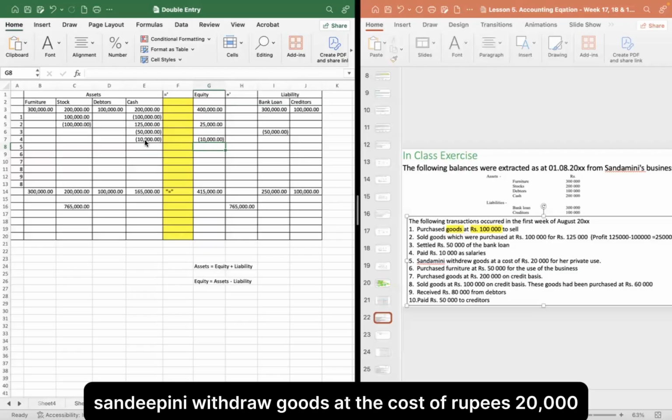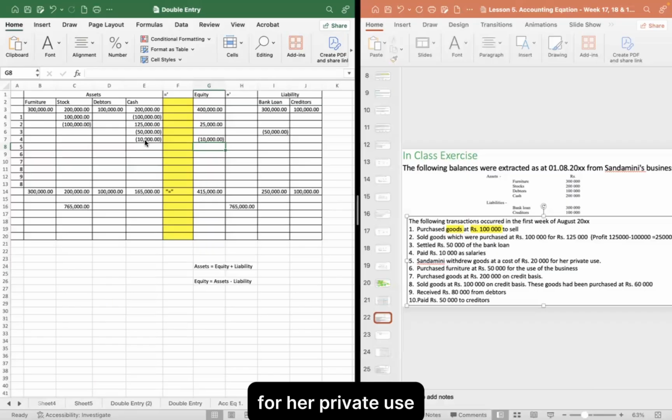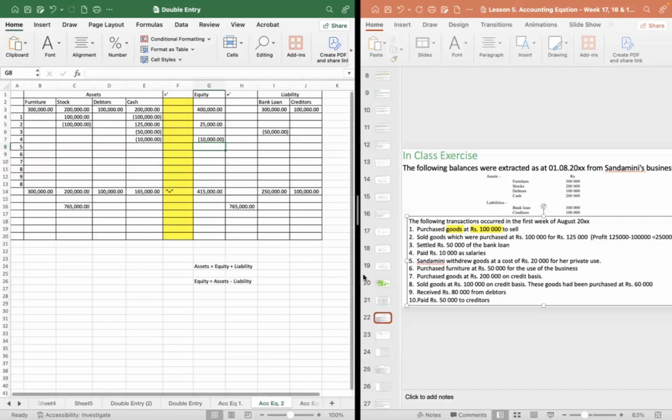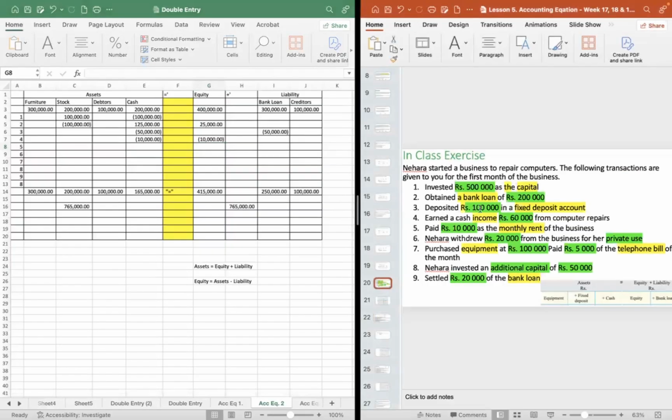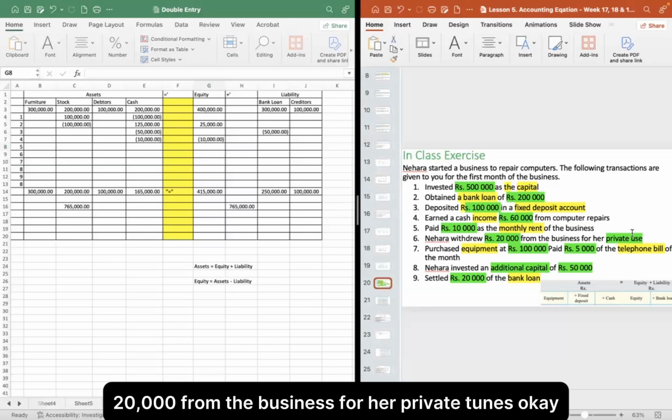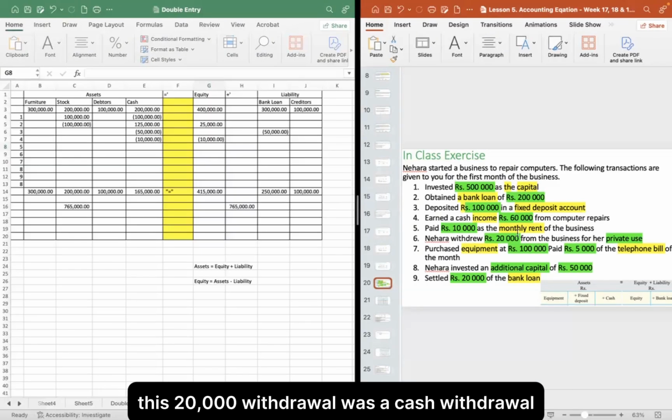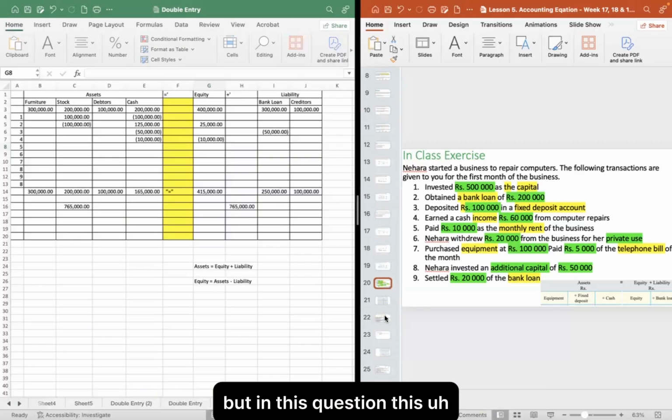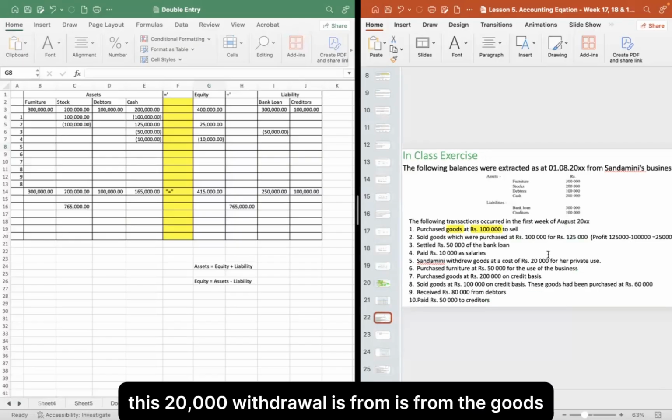Then Sandhavini withdraw goods at a cost of rupees 20,000 for her private use. Okay, this is a little new one. Earlier question we did, we said Nehara withdraw rupees 20,000 from the business for her private use. This 20,000 withdrawal was a cash withdrawal, but in this question, this 20,000 withdrawal is from the goods.